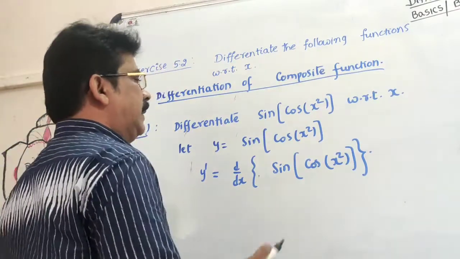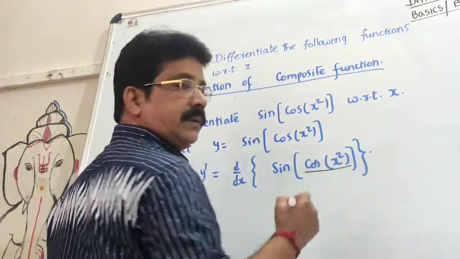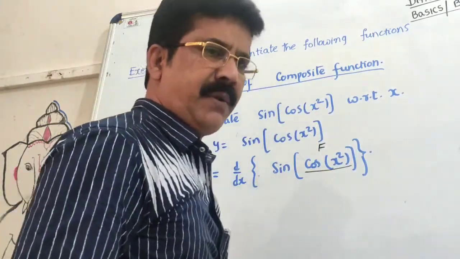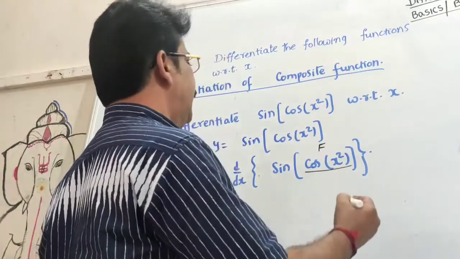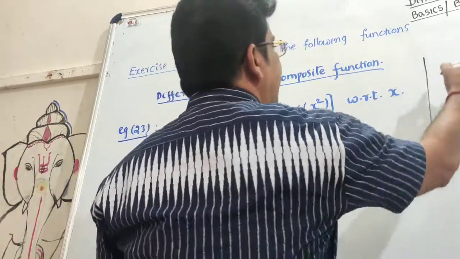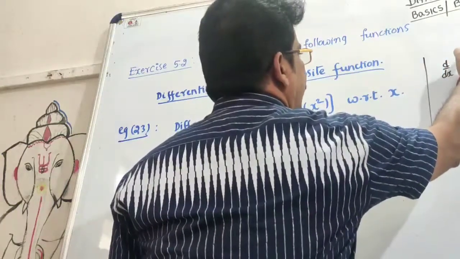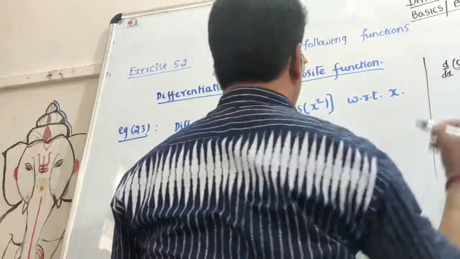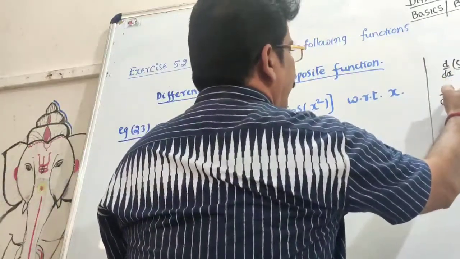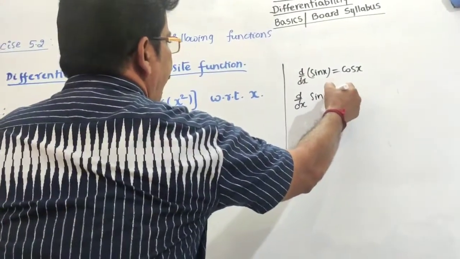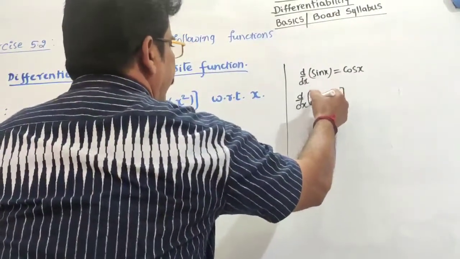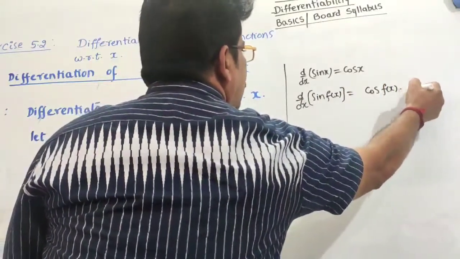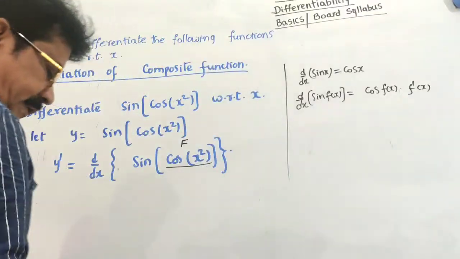Here it is not x, that's why we treat it as f, either small f or capital F of x. It is your wish. So, the basic formula: d by dx of sin x is what? Cos x. The composite formula: d by dx of sin of f of x is cos of the same structure f of x into f dash of x, like that.